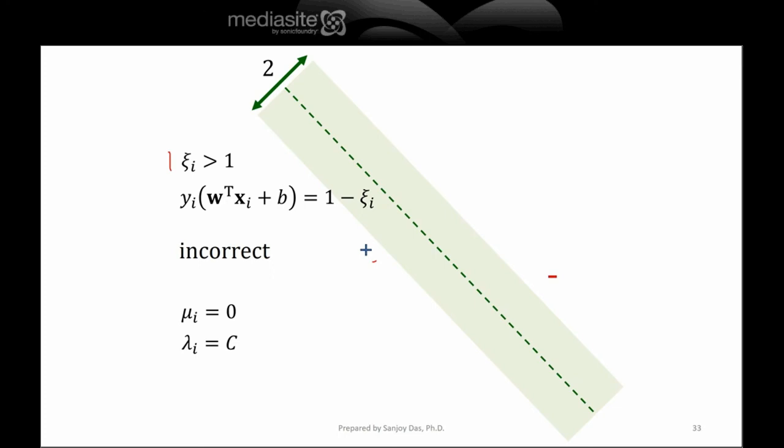And for these points, since this is an inactive constraint, mu I is equal to 0, which means that lambda I equals c, because lambda I is c minus mu I, and this is the other constraint. yi w transpose xi plus b is 1 minus zeta I. Since zeta I is more than 1, this term is negative, which implies that the point has crossed over to the other side of the hyperplane.